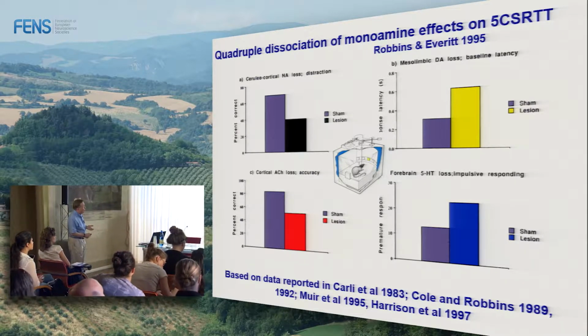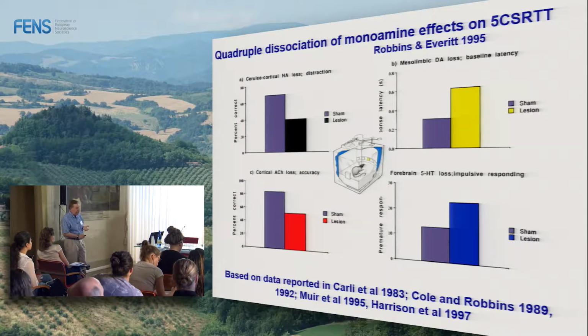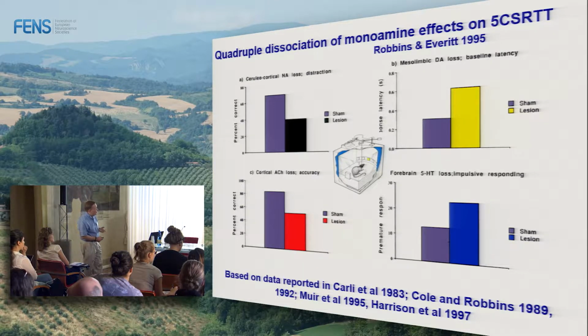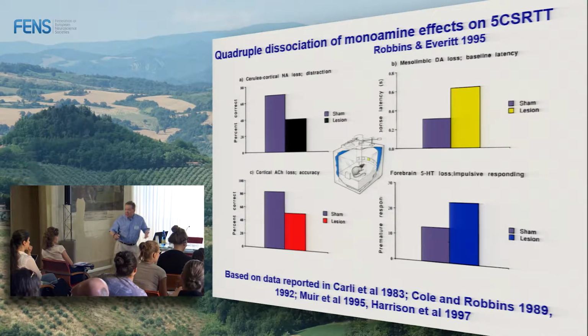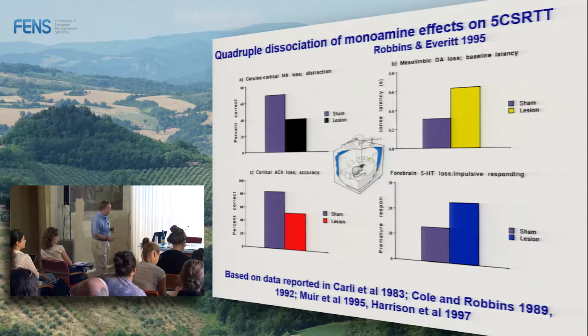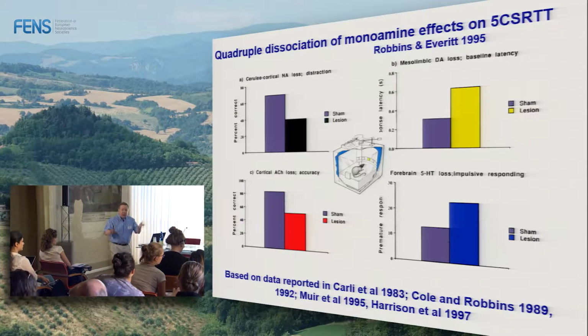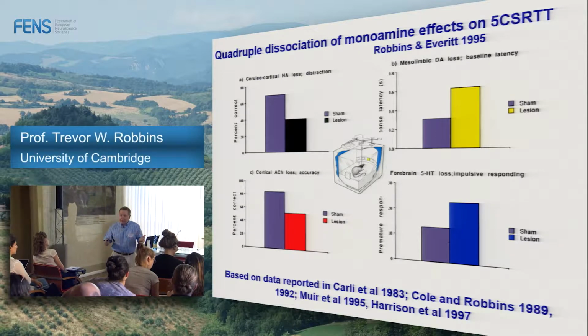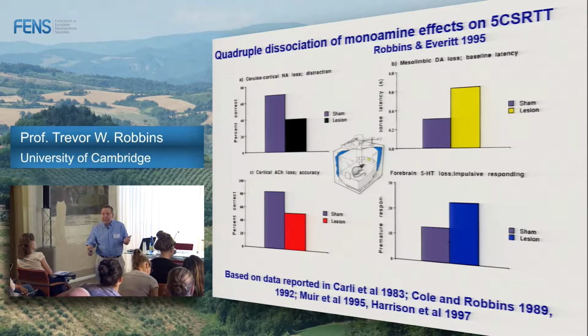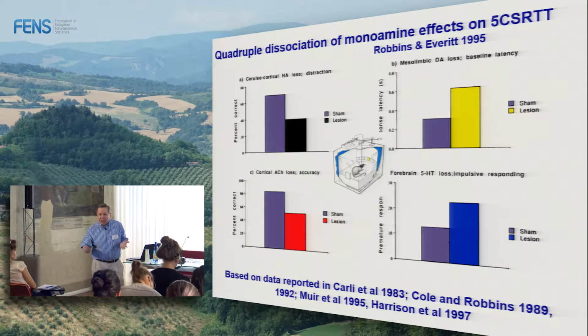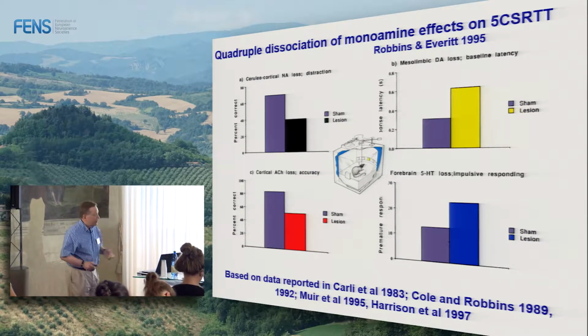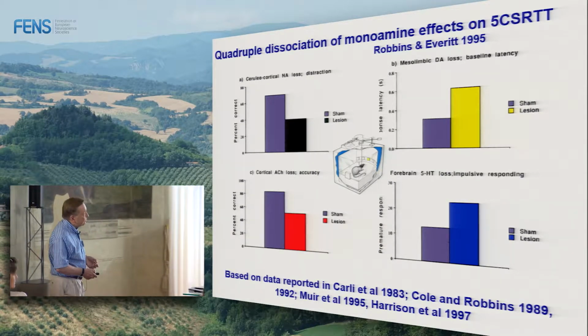So can the loss of noradrenaline neurons under certain conditions of distractibility, in this case. Mesolimbic dopamine didn't affect accuracy very much in this task of attention, but did affect the speed at which animals responded, their motivational level. And intriguingly, serotonin depletion affected none of these measures, but it did boost the animal's tendency to be impulsive and to respond before they should. So you have these dissociations produced by manipulating these systems in different ways.